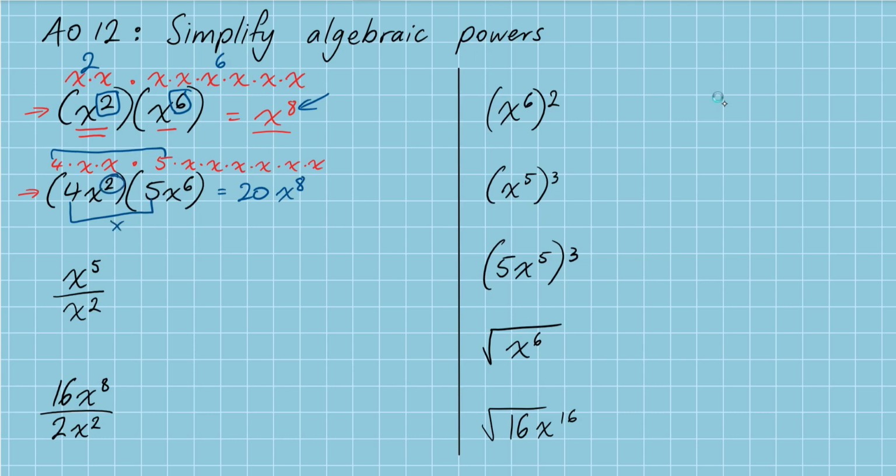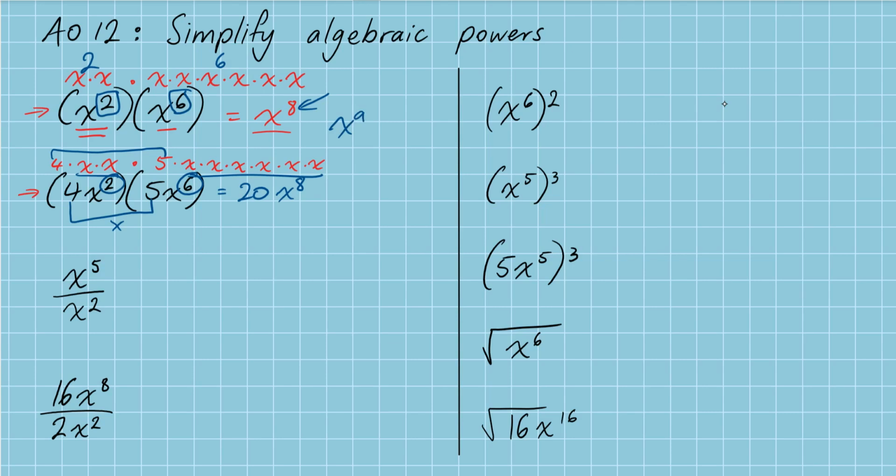And I've added those indices. And you can see I could essentially go through and add up those x's again. But that's all we've done. So 4x squared times 5x to the power of 6 is 20x to the power of 8. So that's multiplication. In that case, what we've essentially done is we've added the indices.